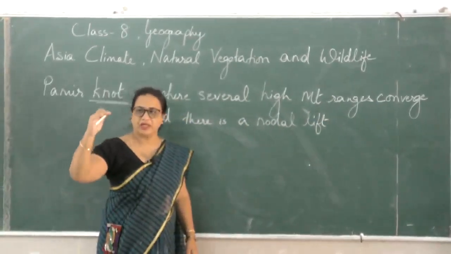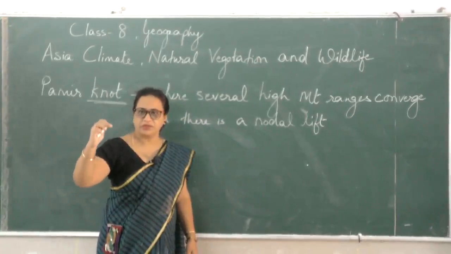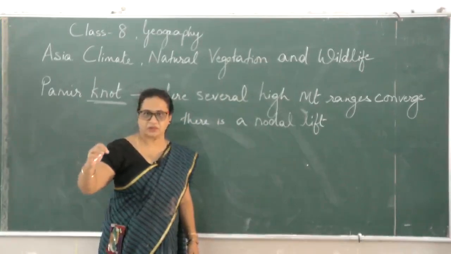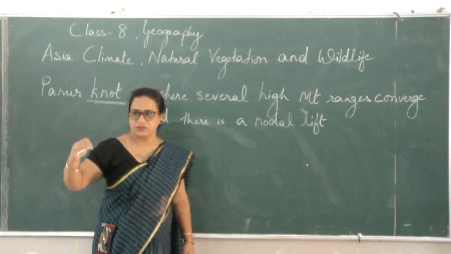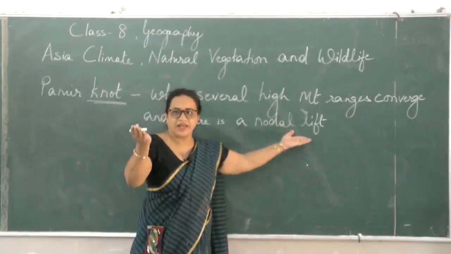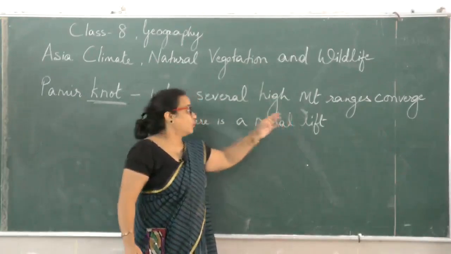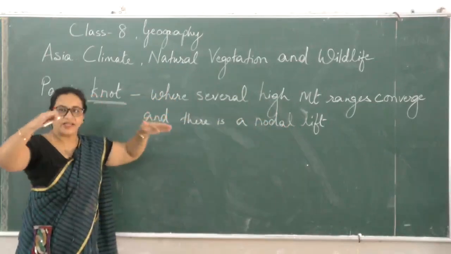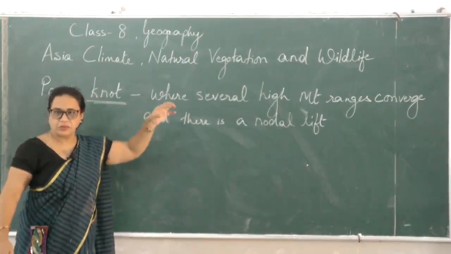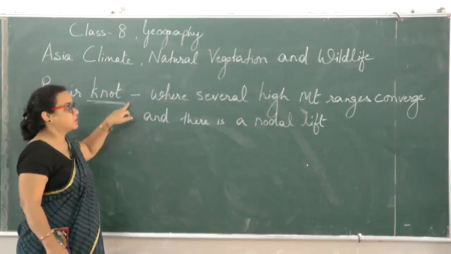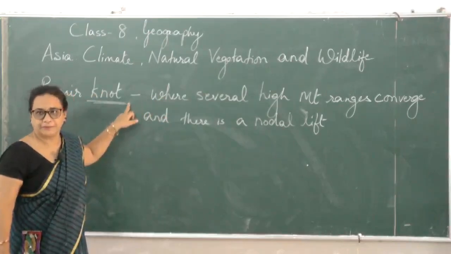Nodal means a particular point. Node, you must have come across the term in biology also. Stems have nodes, okay, and lift is a raised land. Clear? So Pamir knot is the highest point. It's a small area, highest point. It is also called the roof of the world.